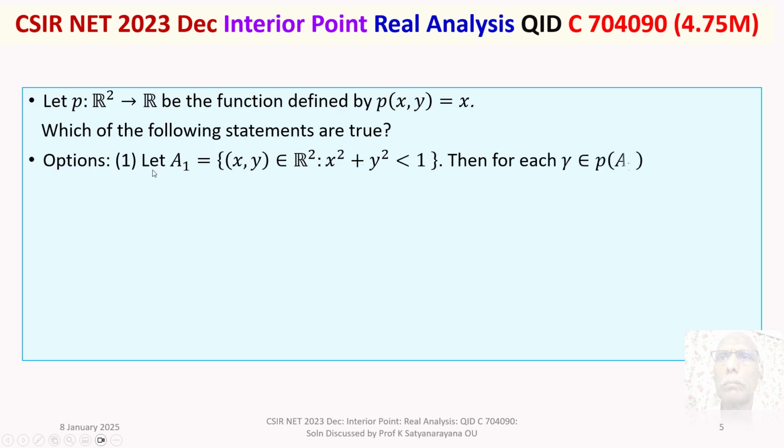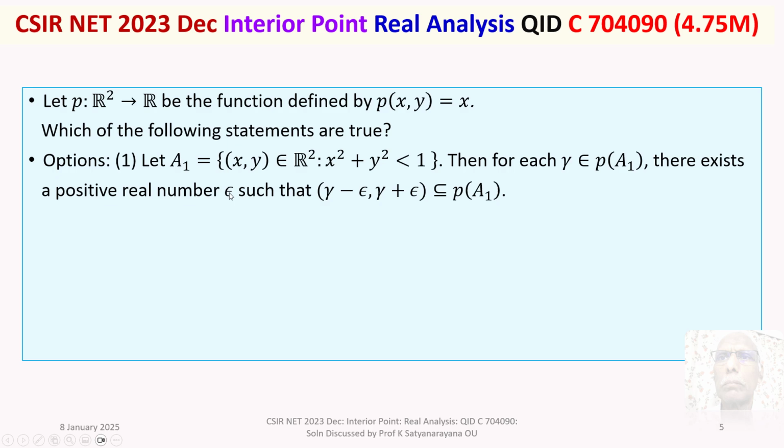Option 1: let A1 be the set of all those ordered pairs which satisfy x square plus y square less than 1. Then, for each gamma belongs to P of A1, there exists a positive real number epsilon such that the open interval gamma minus epsilon to gamma plus epsilon is contained in P of A1.